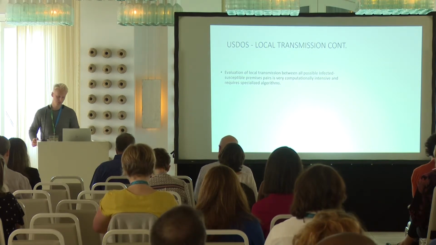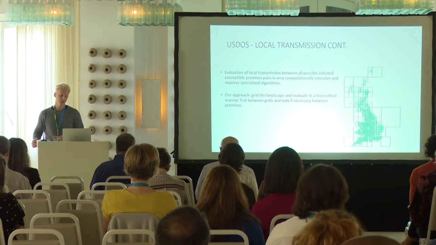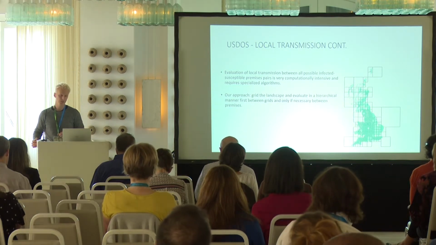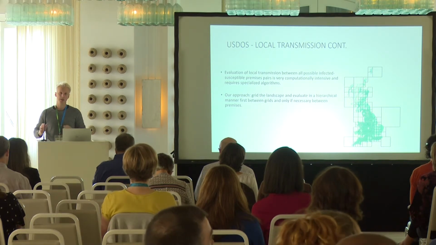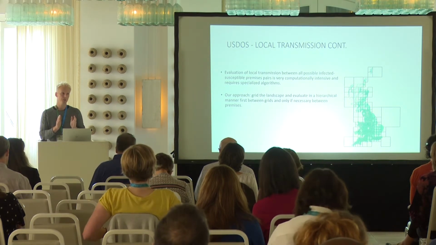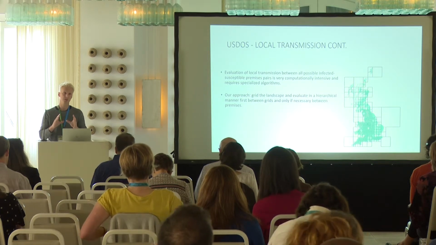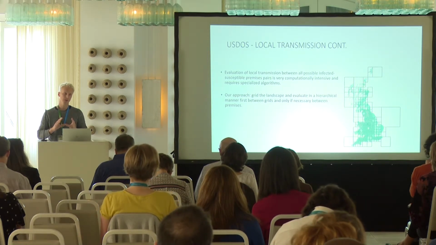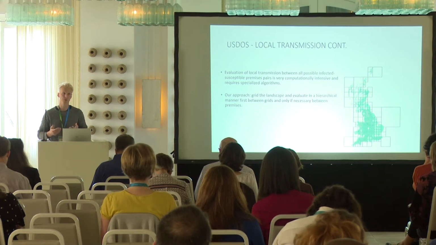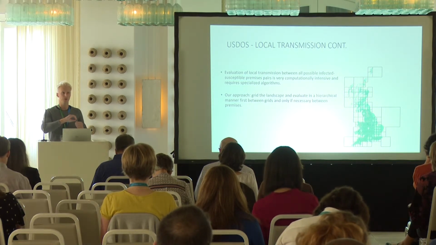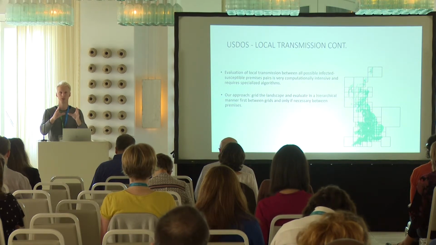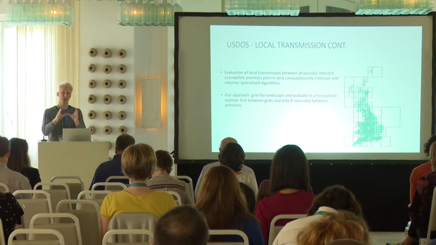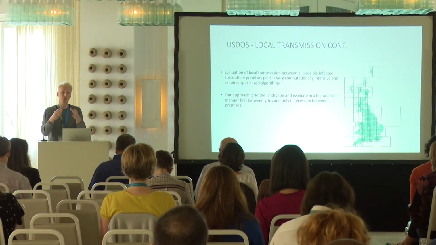So what we did was to build upon another method introduced by Matt Keeling, where the population of farms is divided into squares. And then we have a hierarchical transmission process where we evaluate if transmission can go from an infectious farm first into a square containing a bunch of susceptible farms, and evaluate if any of those farms would become infected.